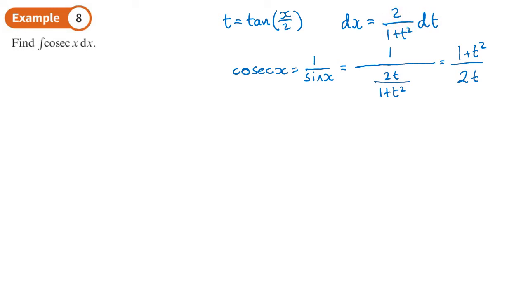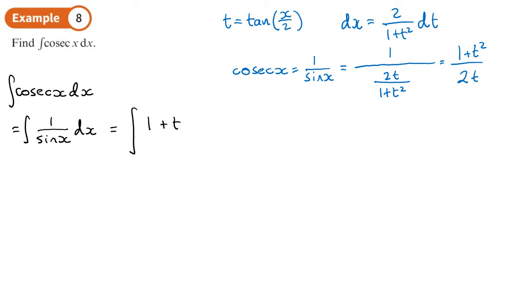Yeah, so that's something that may help you remember this substitution. Right, so let's go through the question. If we want to integrate cosec x dx, that is equal to integrating 1 over sine x dx. So we'll make the substitutions. 1 over sine x will be 1 plus t squared over 2t, and we substitute the dx for 2 over 1 plus t squared dt.